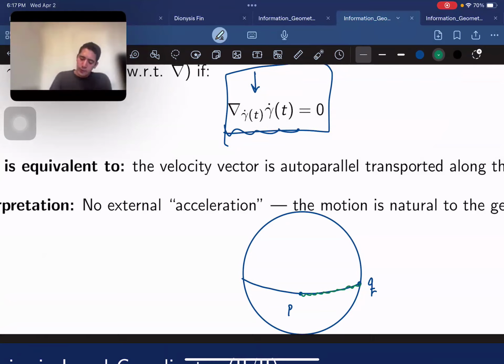Consider going alongside the green curve. At each point, this is gamma dot, and you are considering the connection between... yes, someone?